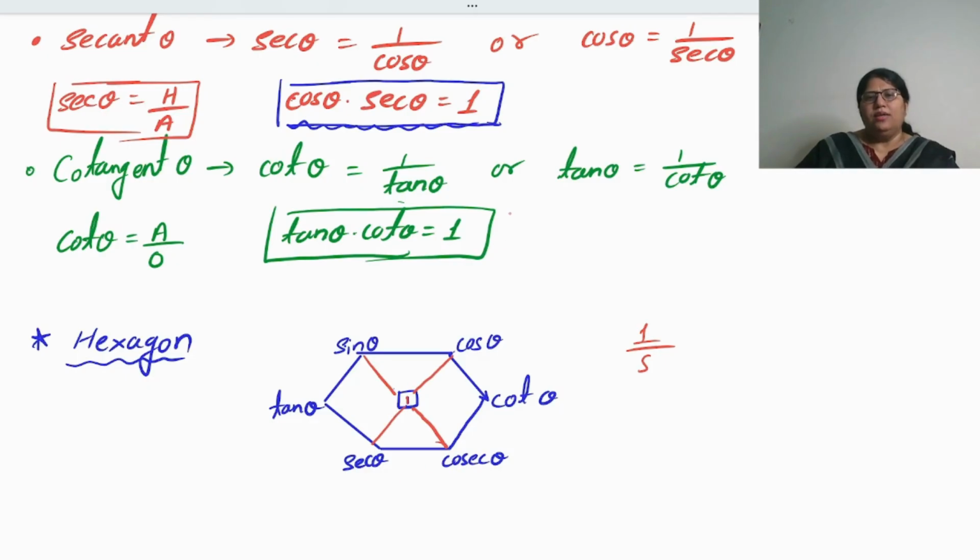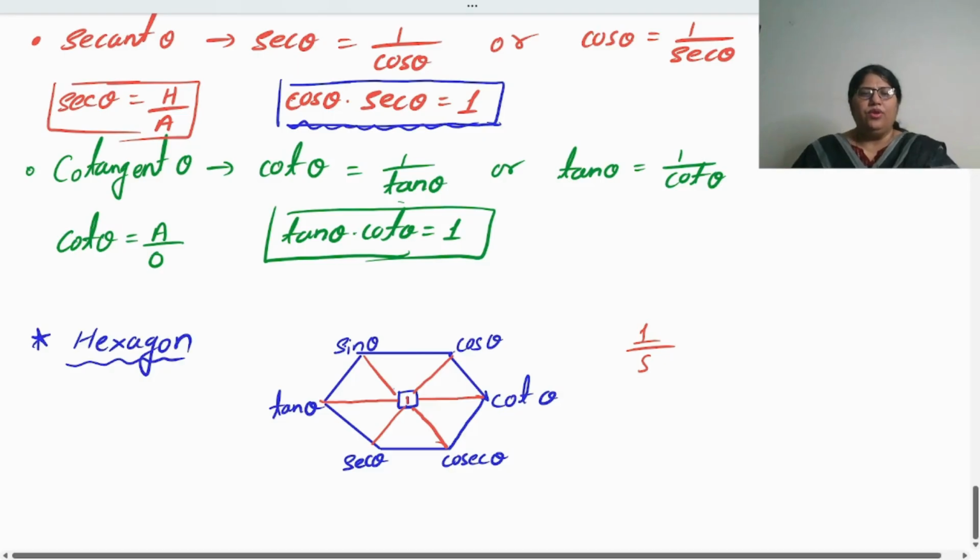Similarly, 1 by cos is sec theta, 1 by sec theta is cos theta. And tan and cot are opposite: 1 by tan theta is cot theta, and 1 by cot theta is tan theta. So this is the easier way to remember the reciprocals.